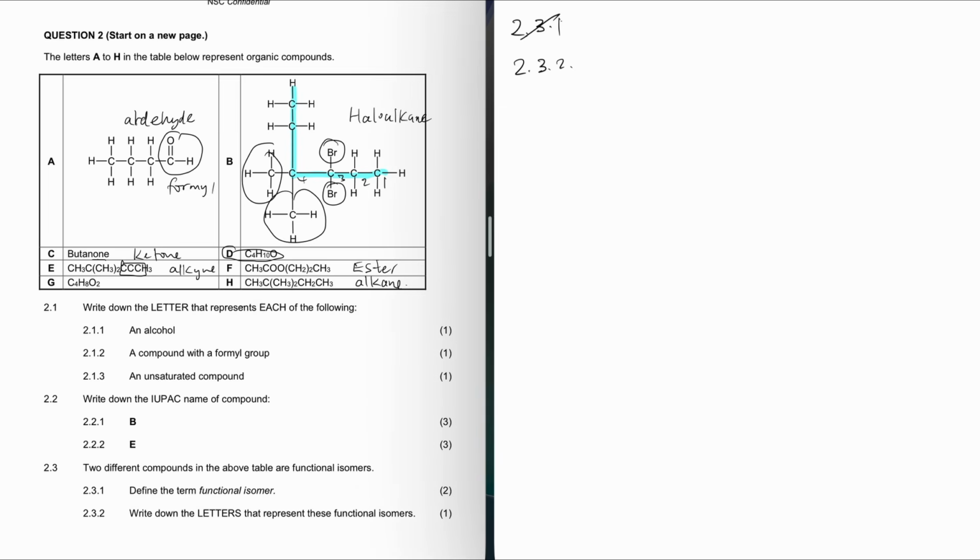So it's important for us to remember that the functional isomer of an aldehyde is a ketone and vice versa. And the functional isomer of an ester is a carboxylic acid.